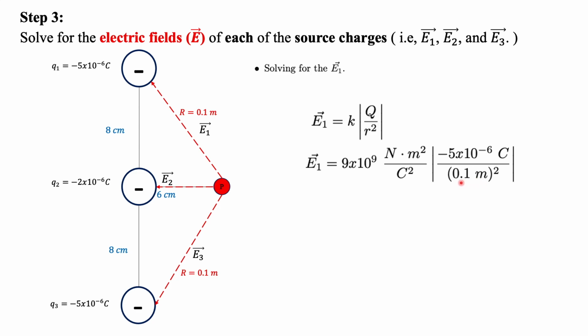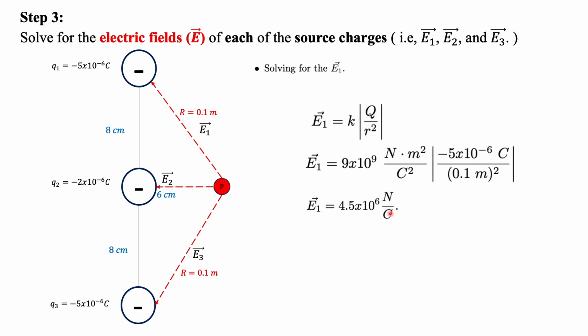So this 0.1 meters should be the distance from the source charge to the field point, because basically, again and again, the field point is the point where you're trying to measure the electric field. So after doing simple algebra, you plug these values into your calculator, and you end up with the magnitude of the electric field 1 to be 4.5 times 10 to the 6 newton per coulomb.